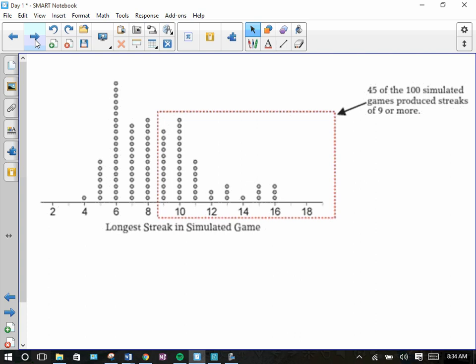Each one of these dots represents one game. Please understand that. So in this game right here, the longest streak of completed passes is 4. In 7 of the 100 games, the longest streak was 5.